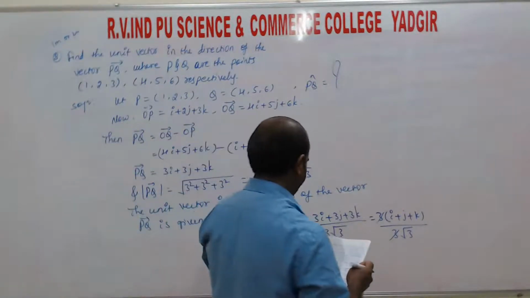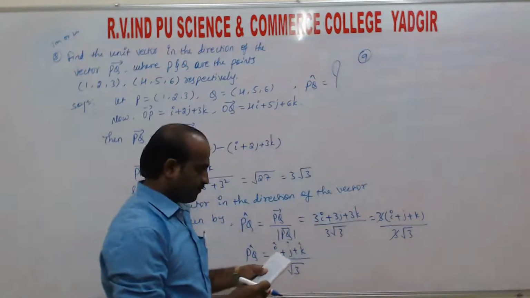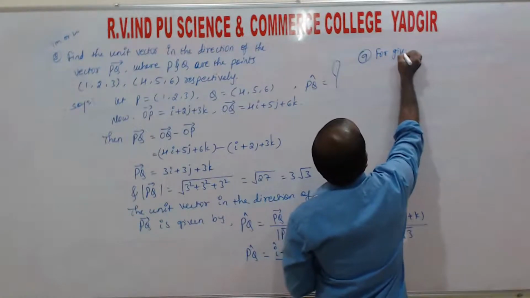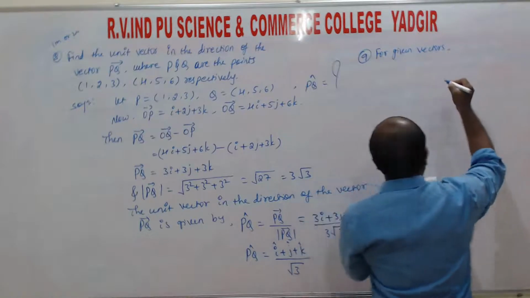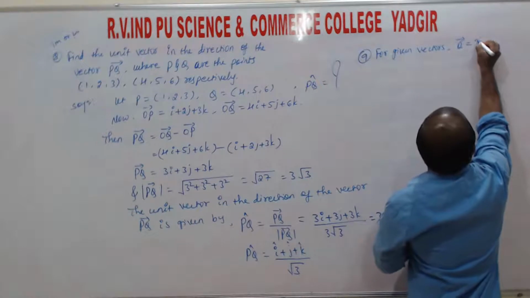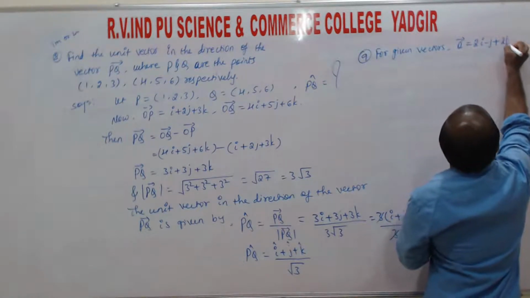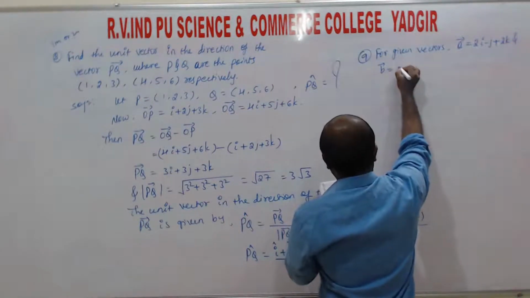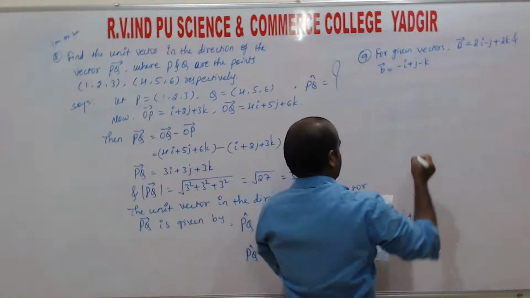Next question. For given vectors, A vector is equal to 2i minus j plus 2k and B vector is equal to minus i plus j minus k.